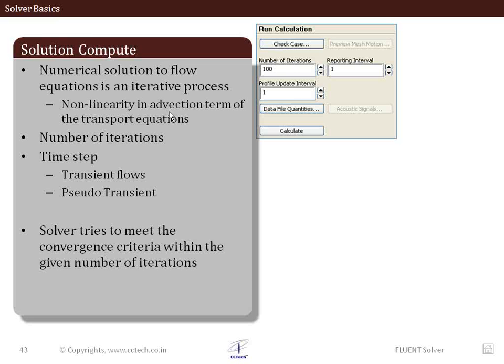So in that case, what we are defining is the number of iterations. This is the conventional method in ANSYS Fluent. But what has come up recently in release 13 is the pseudo-transient approach, which is basically inspired by CFX.